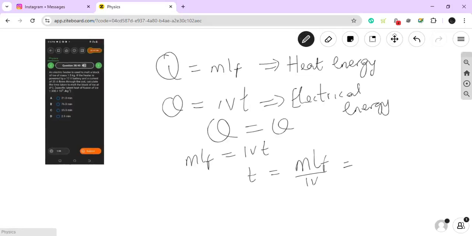All right, so for this question now, the mass given to us is 1.5, and the latent heat of fusion is 336 times 10 raised to power 3, then over your IV. I is the current, and that's 20, and we are given our voltage to be 12, right?